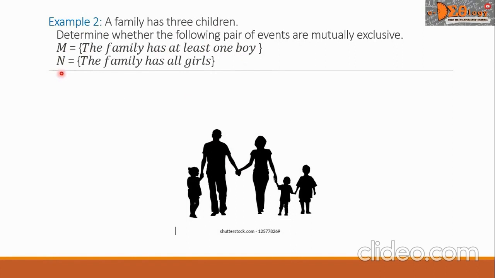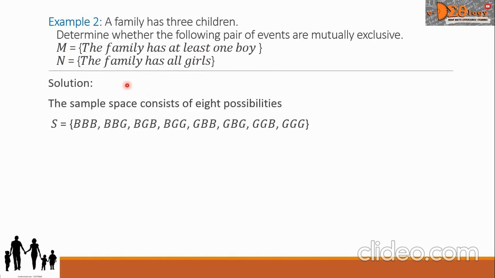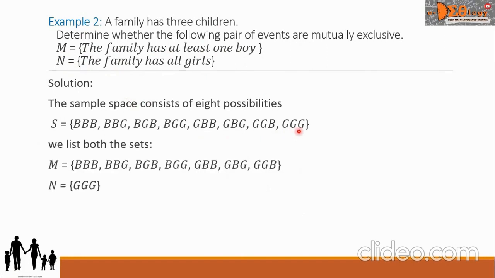Event N, the family has all girls. For the solution, we will write first the sample space that consists of 8 possibilities. This is our sample space. Next, we will list both the sets.